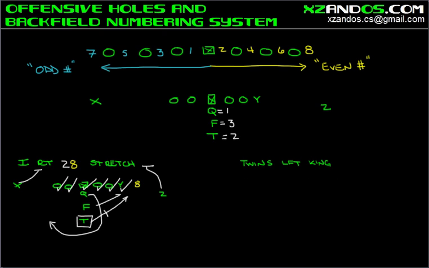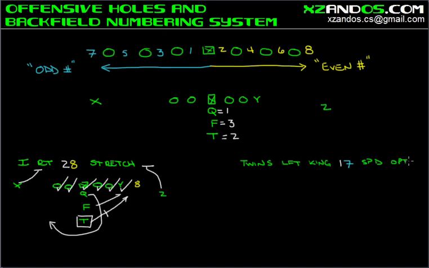And then let's say we are going to keep the ball in the quarterback's hand, and we are going out into the 7 hole. I'm color coding that for you so you know odd and even and which runner is getting the ball. So we have a twins left, king, 17, speed, I'm abbreviating, speed option.